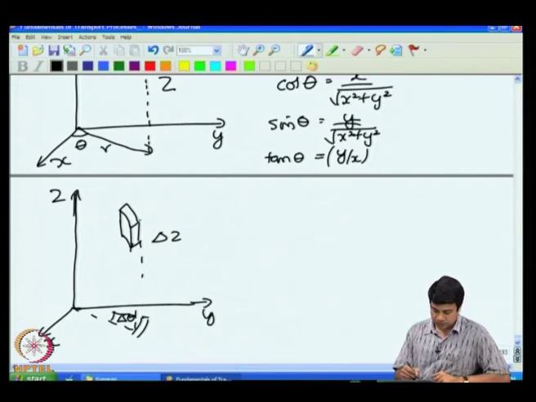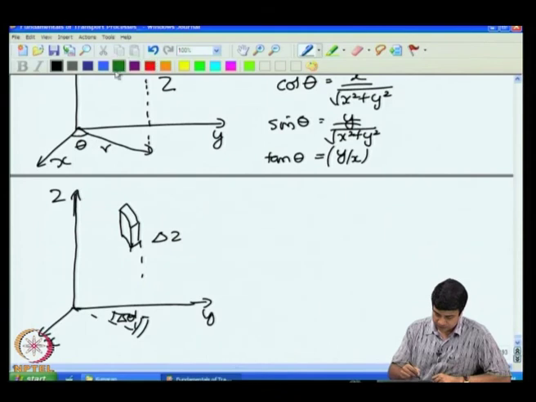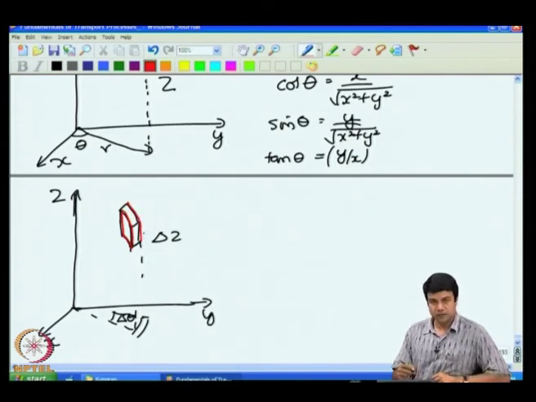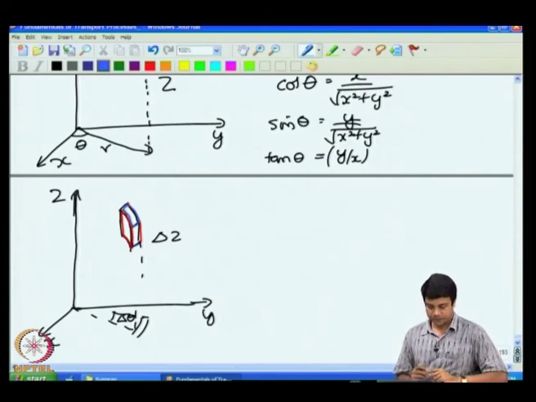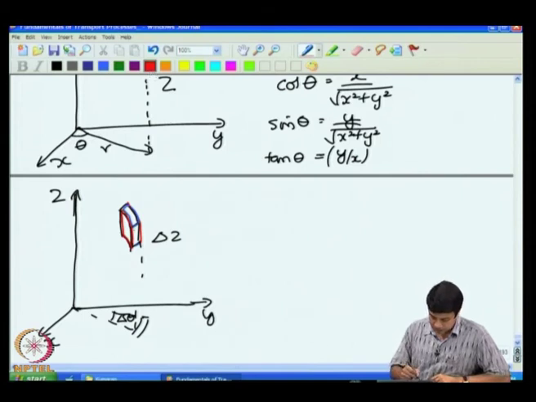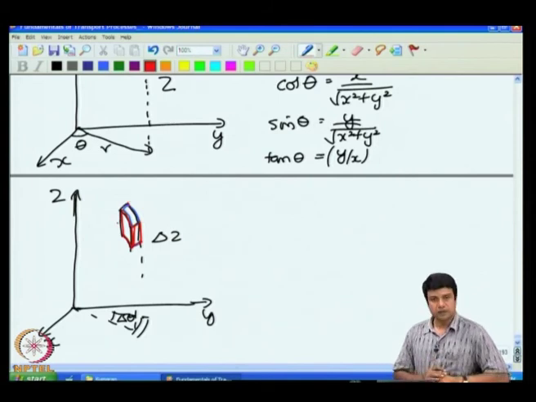So, I have two surfaces at constant r. This one is at r minus delta r by 2, and there is another on the other side at r plus delta r by 2. Two surfaces at constant z, the top at z plus delta z by 2 and the bottom at z minus delta z by 2. And then two surfaces at constant theta, at theta minus delta theta by 2 and at the back at theta plus delta theta by 2.